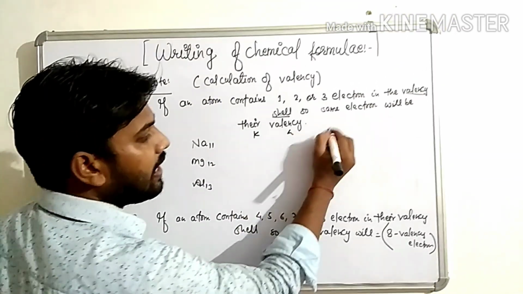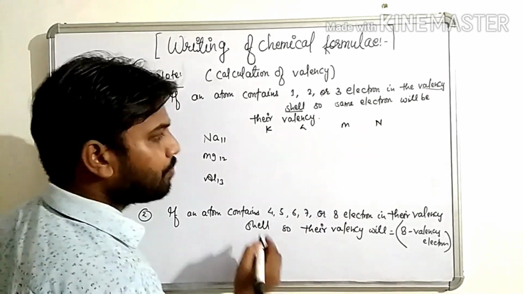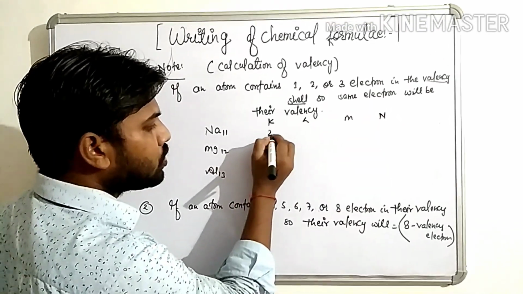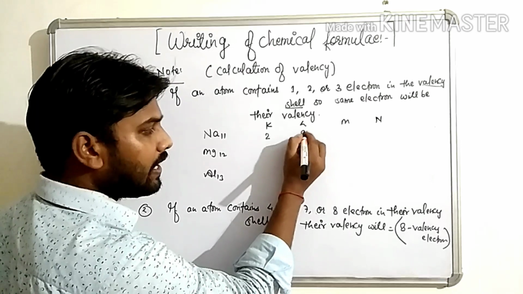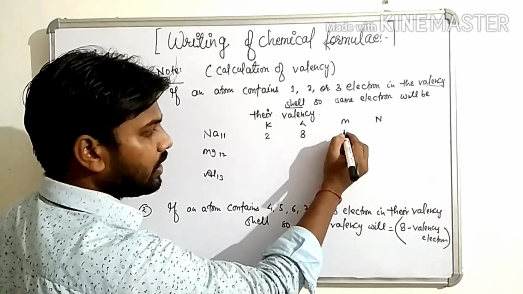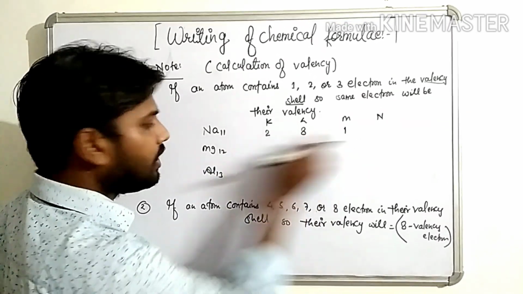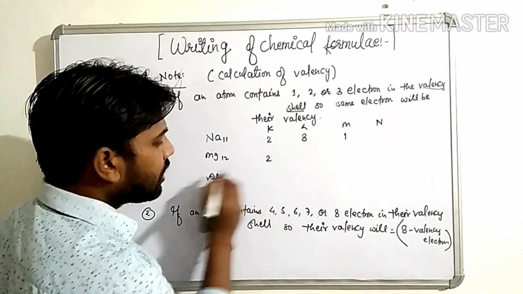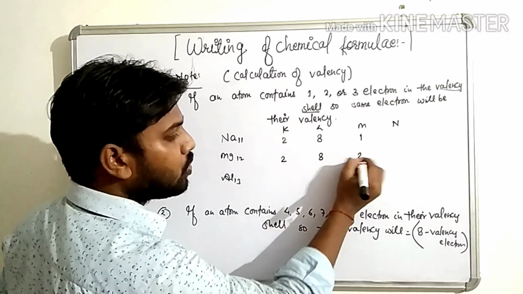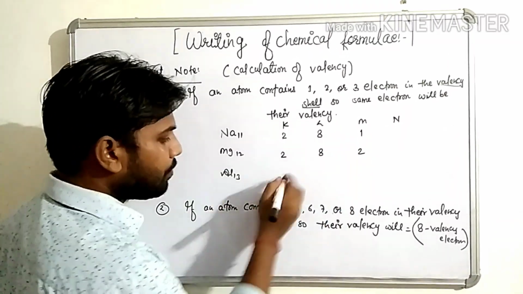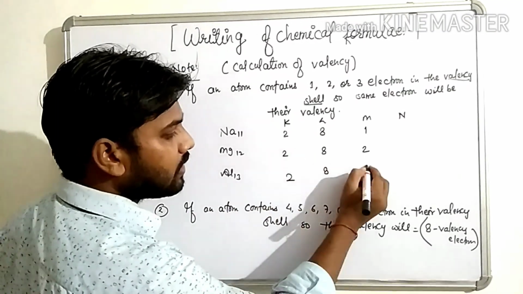K, L, M. First 2 electrons, then it will accommodate 8 electrons, then 1 electron. 8 plus 2 is 10, 10 plus 1 is 11. For 12: 2, 8, 2. For 13: 2, 8, 3.